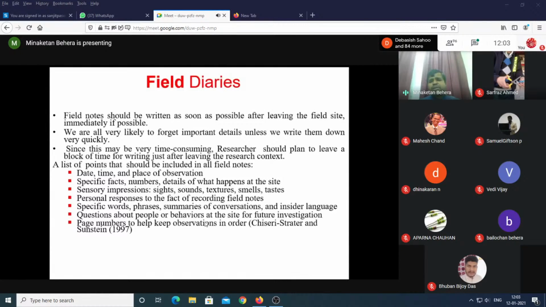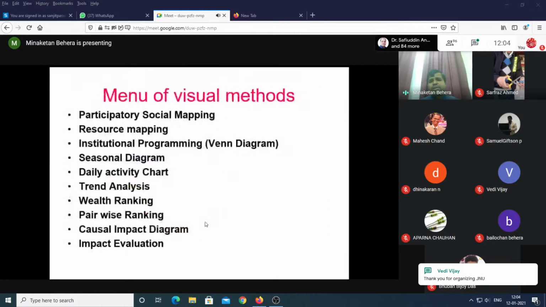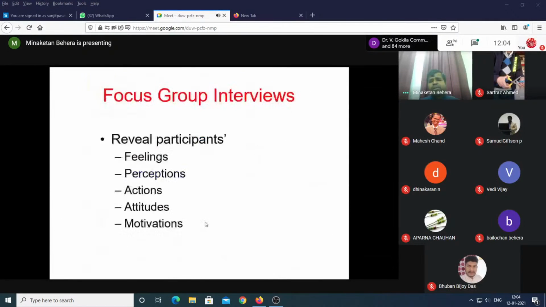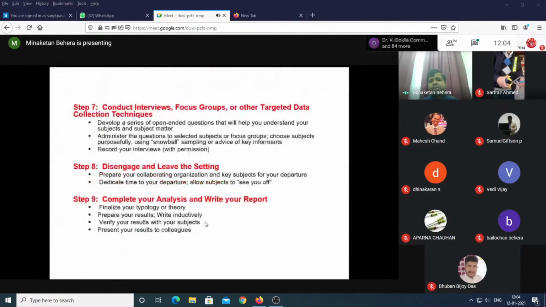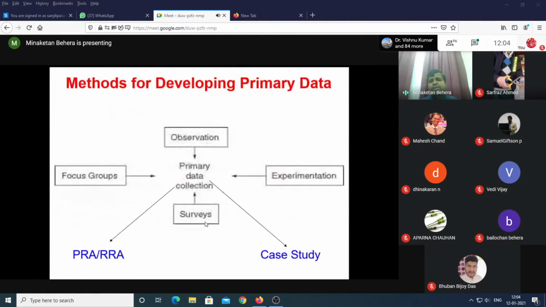My request to everyone is that you should at least cover this dimension. This is very essential when you are keeping your field diary. Most students avoid it, but you have to mention this data. Broadly, these are the ways through which you are collecting your primary data.